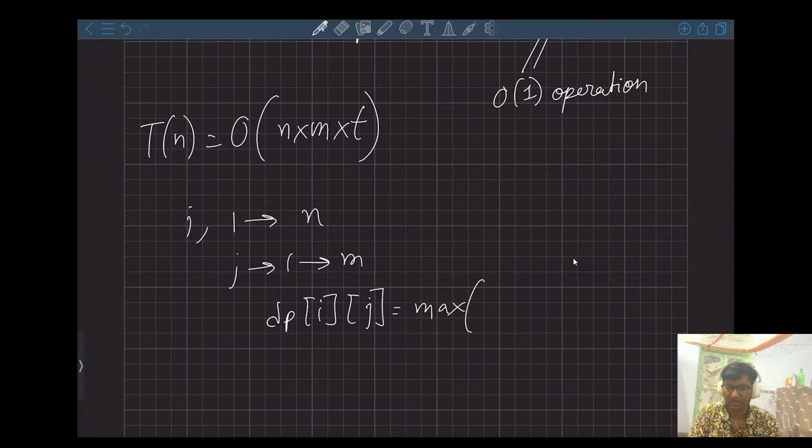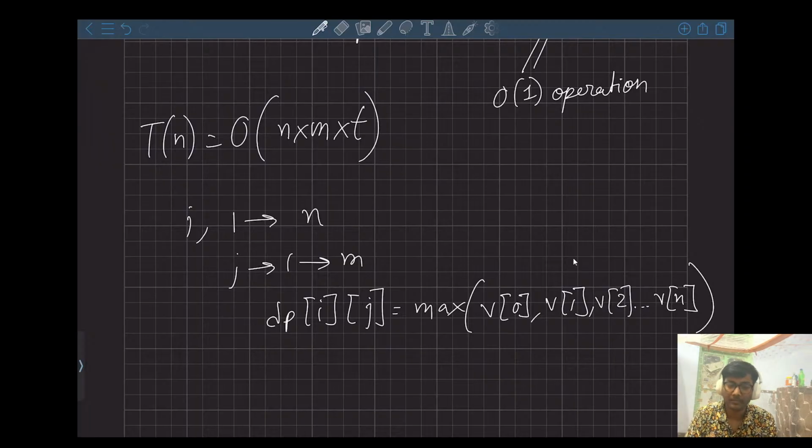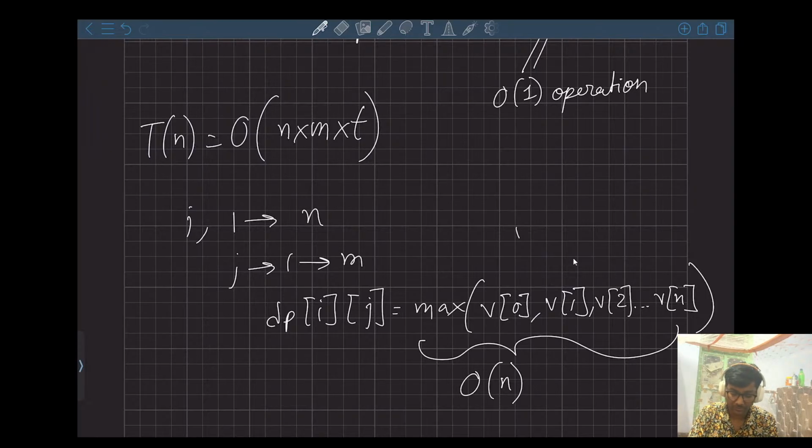Even though this will not be very useful, let's say the maximum of v0, v1, v2, up to vn, assuming a 1D array, but we have a 2D based transition. Maximizing these n elements is an order of n operation. Of course, you cannot define this directly; you have to mention a loop within that.